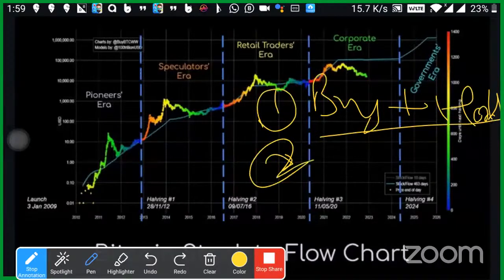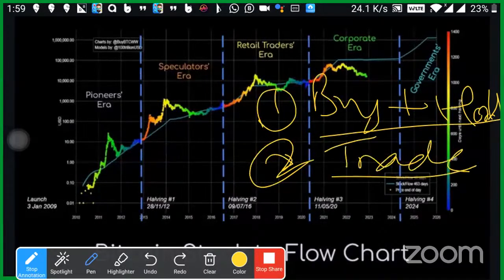The second way to accumulate is to trade. How can you increase your Bitcoin if you trade? We have this wonderful tool called Royal Q that helps us trade and accumulate more and more Bitcoin. Even if one doesn't have much knowledge or experience in how to trade, we still have this wonderful tool.